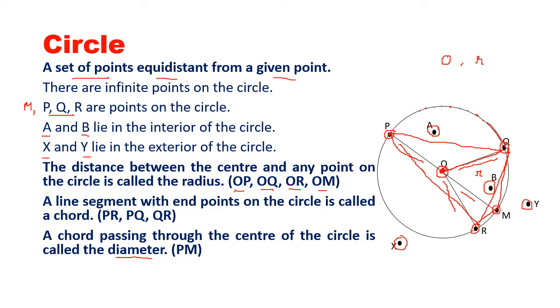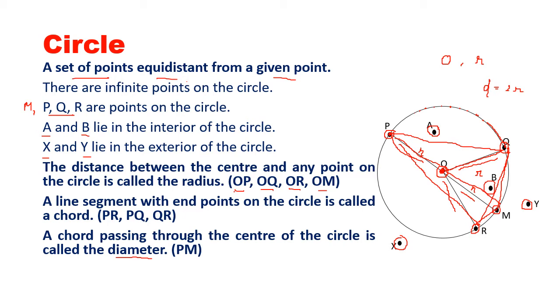In other words, the diameter is the longest chord. So what is the diameter? We have OP is the radius and OM is the radius. So we can say diameter is twice the radius. Why? This radius plus this radius. So 2 times the radius gives us the diameter.